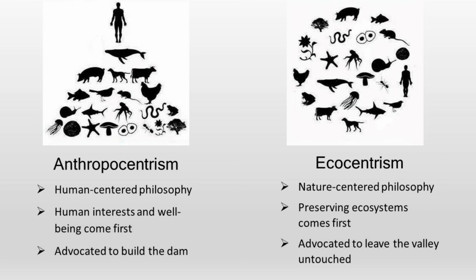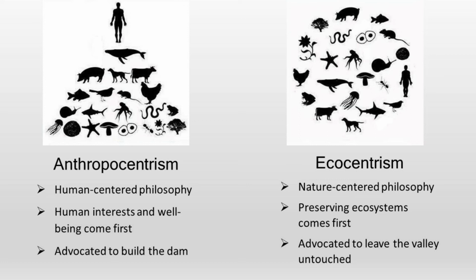This was the prevailing philosophy of the ancient people, or the time when the importance of conserving and protecting our environment was not realized. So this is a human-centered philosophy. Human interest and well-being come first.